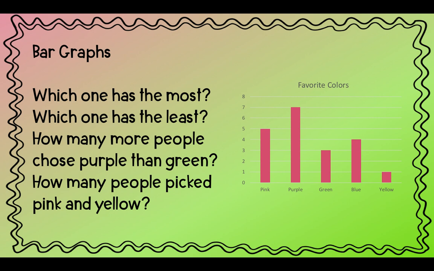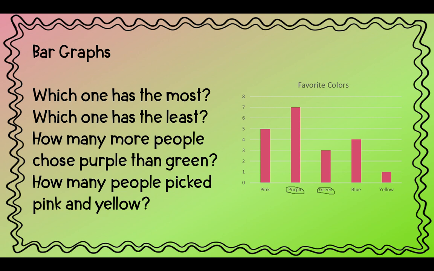How many more people chose purple than green? This is another one where we need to compare the difference. We need to find our purple along the bottom and our green. We can count how many had purple.